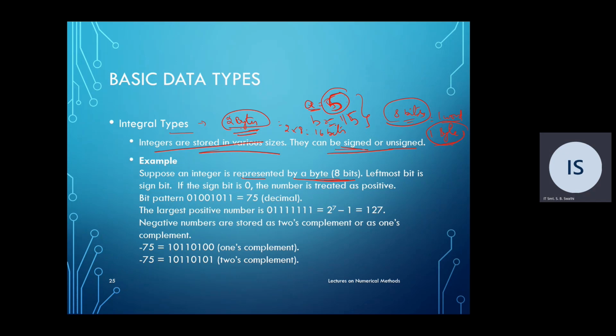Unsigned means positive integer, signed indicates a negative integer. And it has some limitations related to the range of these numbers, how many numbers you can give under the integer. The largest positive integer is 2 power 7 minus 1, 127, is the range for this.